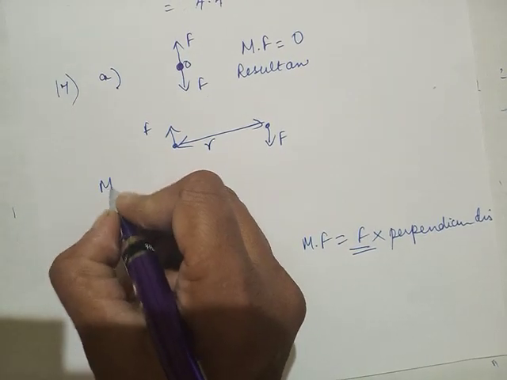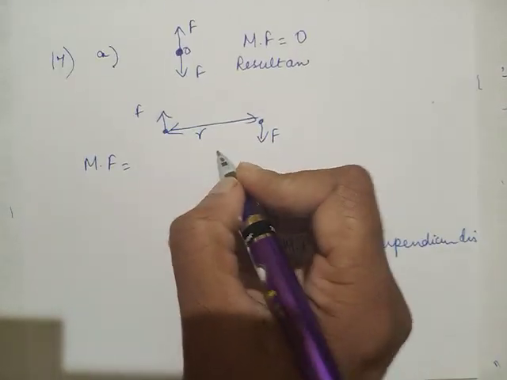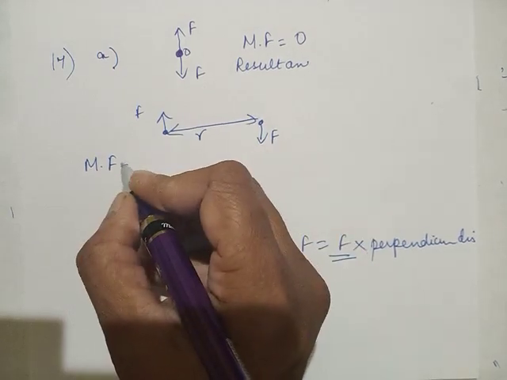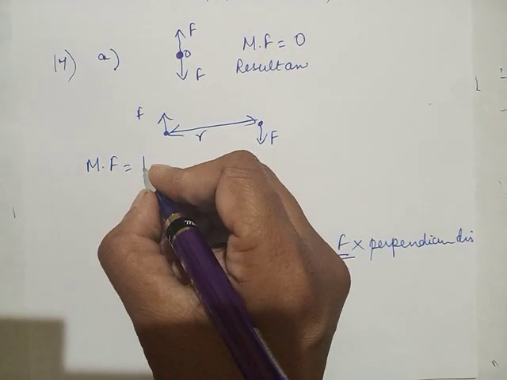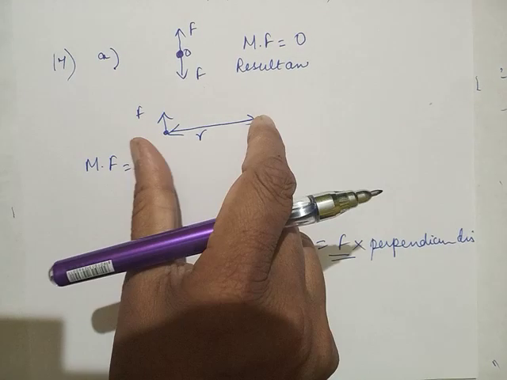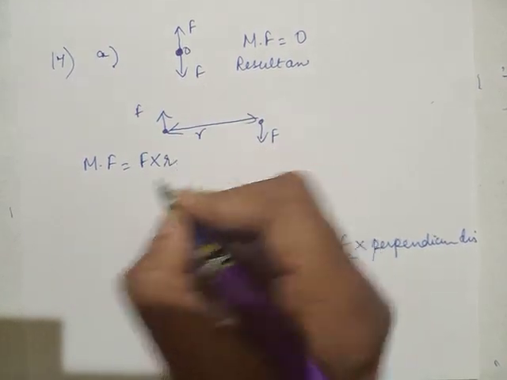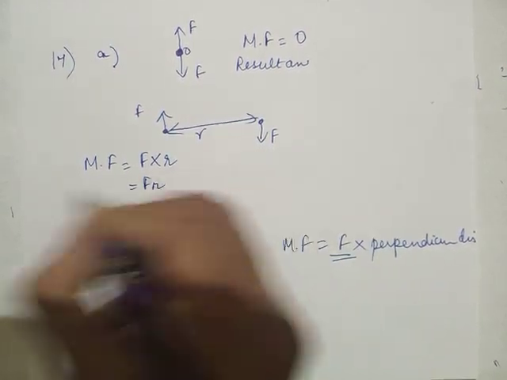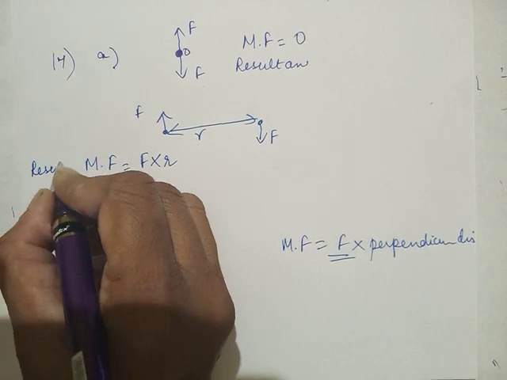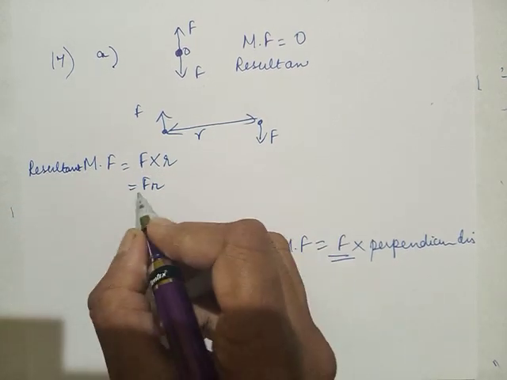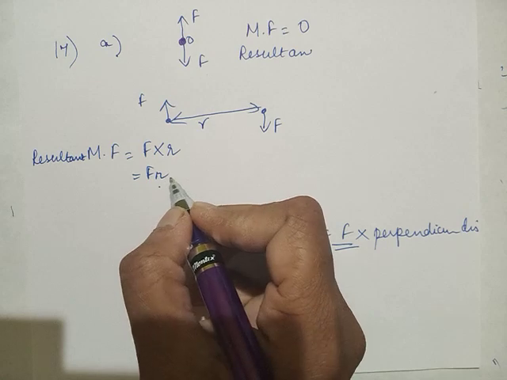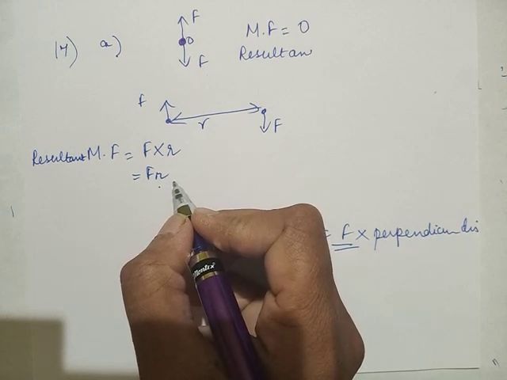Resultant moment of force will be this, because this forms a couple: either force into couple arm. So that will be F into r. So the resultant moment of force will be F into small r. Then what will be the effect of it?